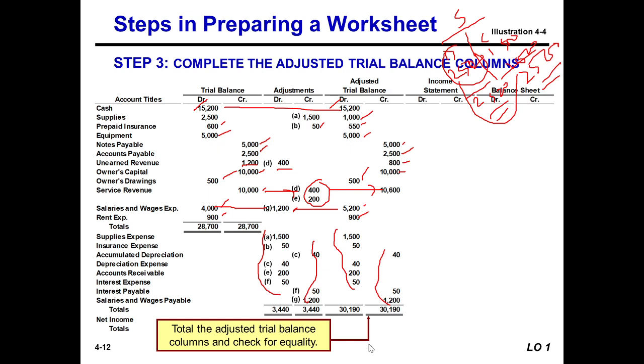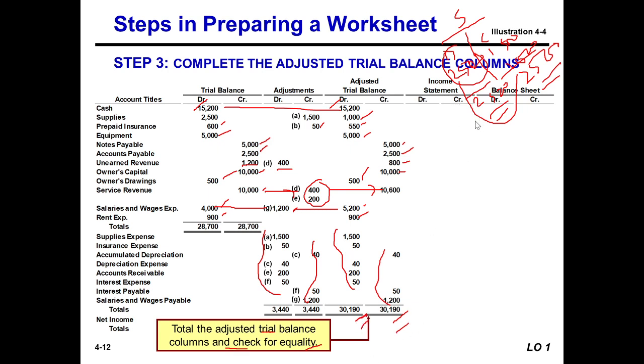So both sides of the trial balance total 30,190. So 30,190, 30,190. Total the adjusted trial balance columns and check for equality. So we already have the same figure.